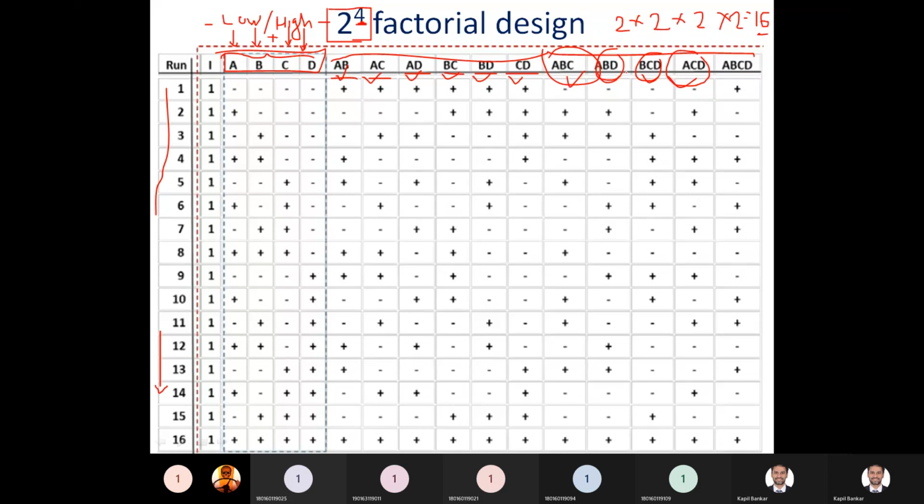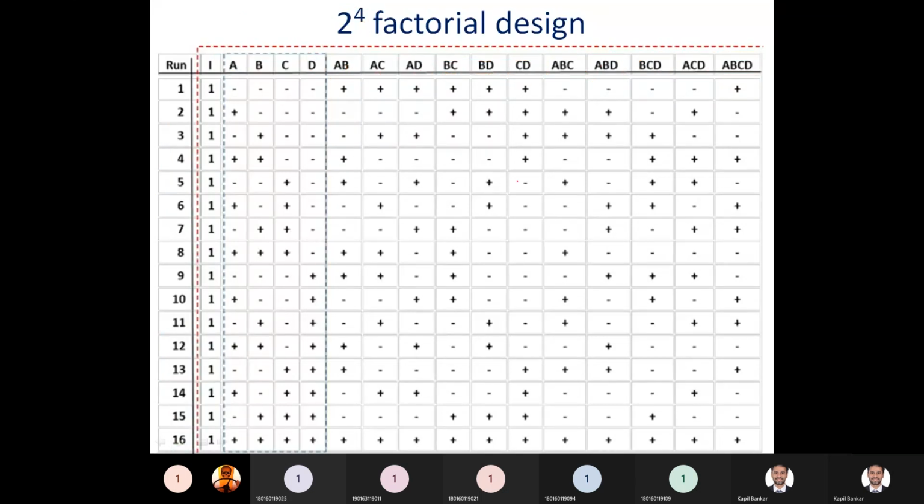These 4 are three-way interactions, and 1 four-way interaction, that is ABCD. So this comprises the 2 raised to 4 full factorial design, in which you have to run 16 experiments with these combinations.